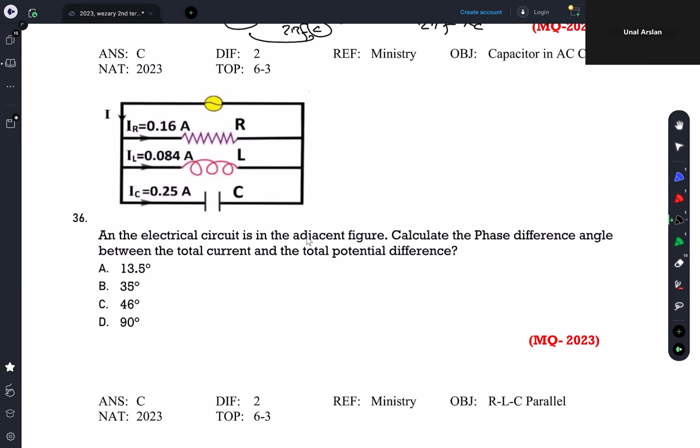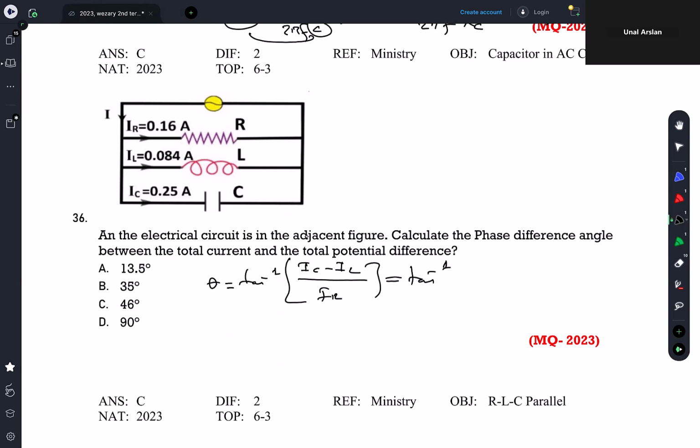Question number 36. In the electric circuit in this adjacent figure, calculate the phase angle difference between total current and potential difference of parallel connected circuits. Theta is tangent inverse of IC minus IL over IR. In a parallel connected circuit, we calculate theta like this.